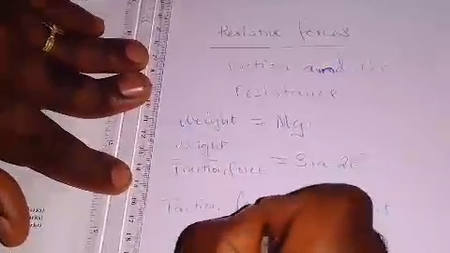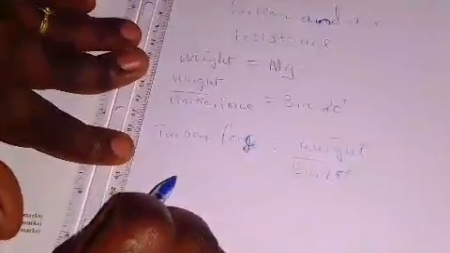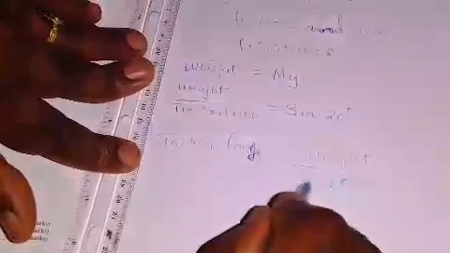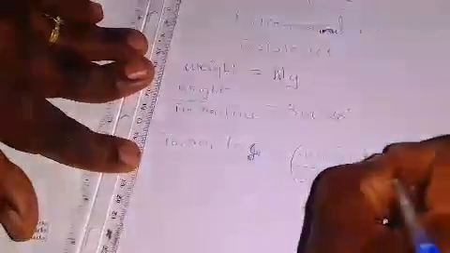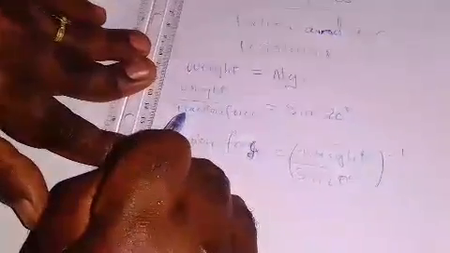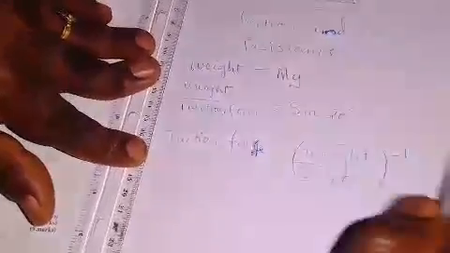Traction force will be equal to weight over sine 20 degrees all to the power minus 1. Why are we putting all to the power minus 1? Because when this traction force comes here and this one comes here, you discover that this sine 20 will come here while the traction force will come up here.